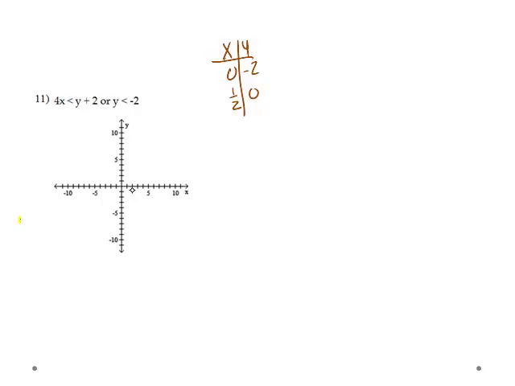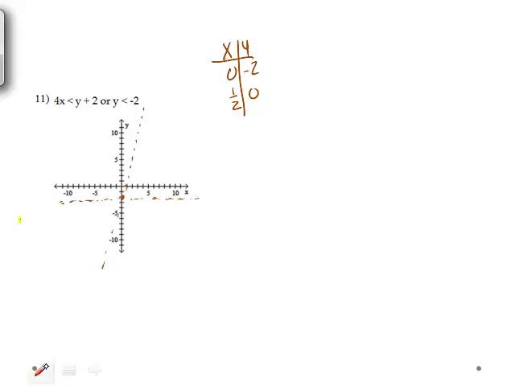Over 0, down 2, over 1/2, up 0. So this line is dashed. And then y is less than negative 2 is also dashed.